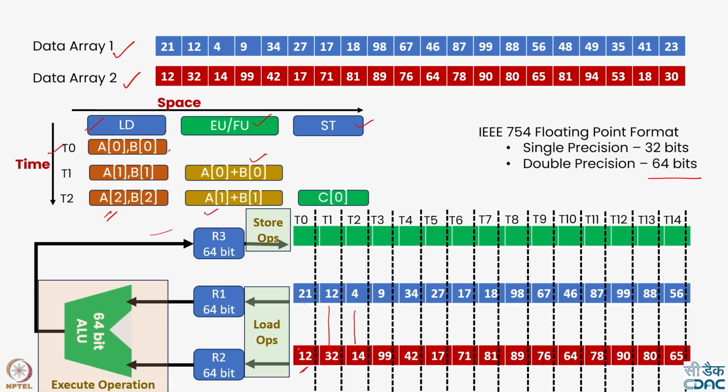At the same time, in the same cycle T2, you can see that the first element processed by the load unit at the T0 cycle has come to the end. So, that means at the end of the T2 cycle you will get your first result. So, what result are you going to get here? Here you will get 33.